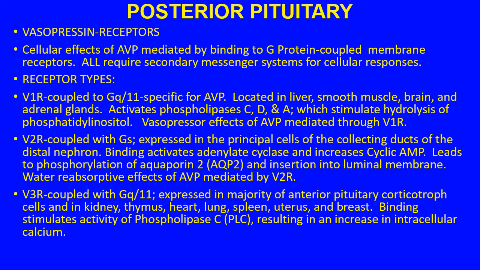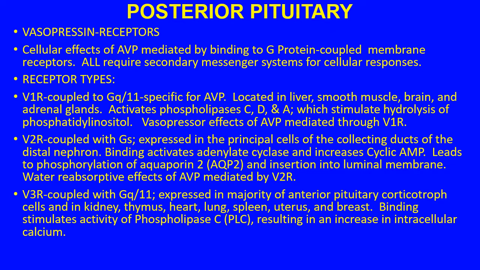What I'm saying is they insert into the tubular luminal membrane side, tubular cells, excuse me. And what they're going to do is help pull in more water from that filtrate. Okay, and we'll go over that a little bit more in a few minutes.